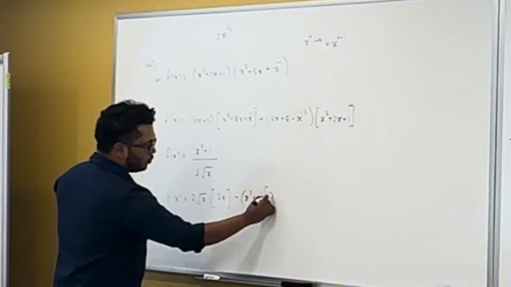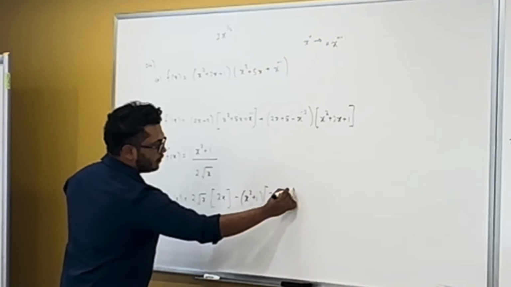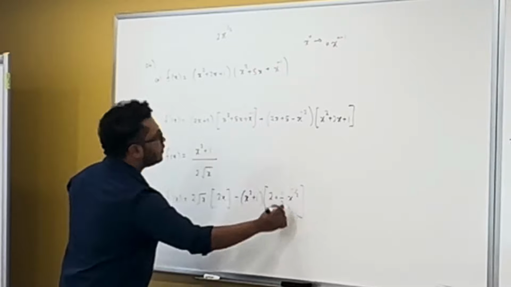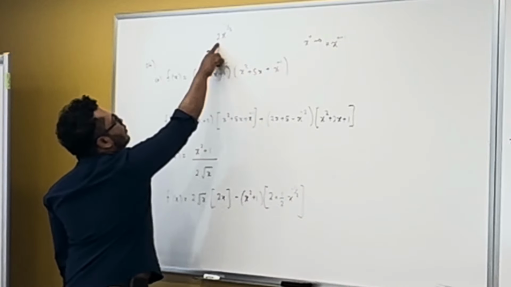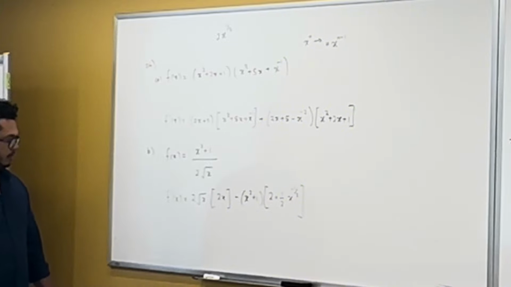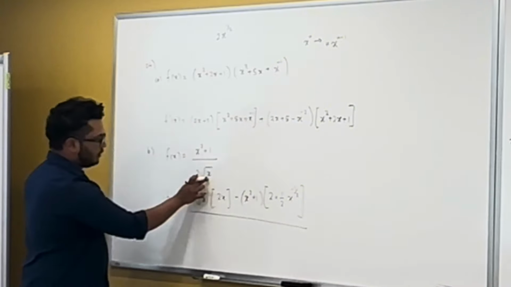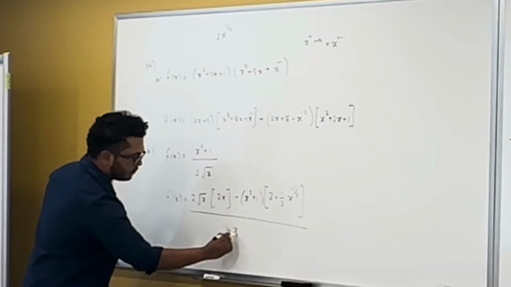So you write 2, you take the power down, x, subtract 1 from the power. See, half taken down and subtract 1 from half. That's the derivative of the denominator, and you square the denominator. So it's a 4x.